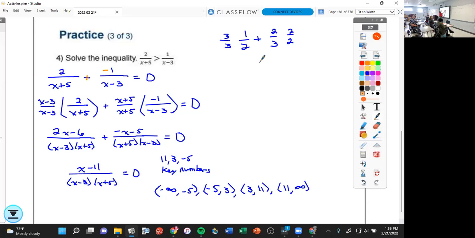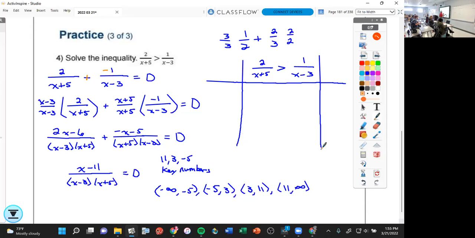So I've got 2 over x plus 5 is greater than 1 over x minus 3, and let's just try some numbers. A number between negative infinity and -5. -6.